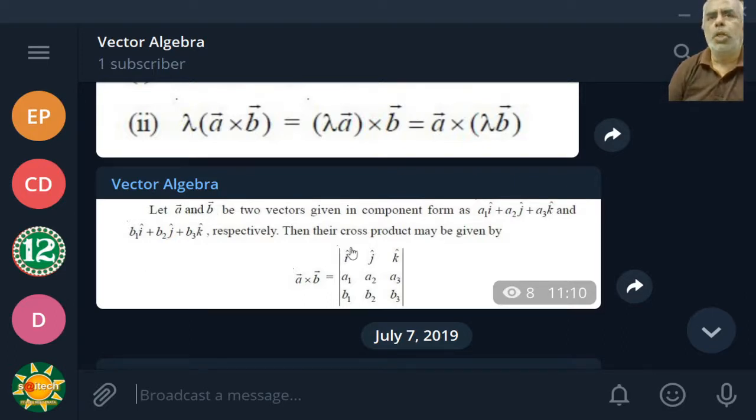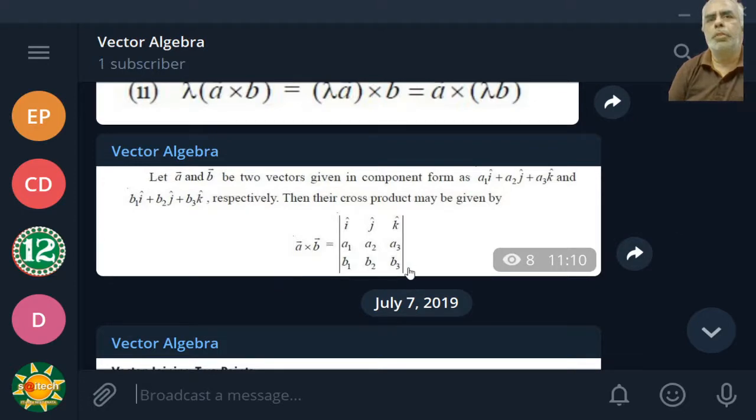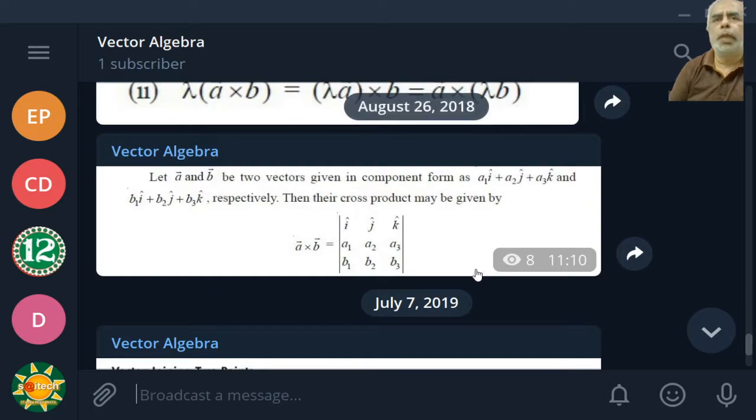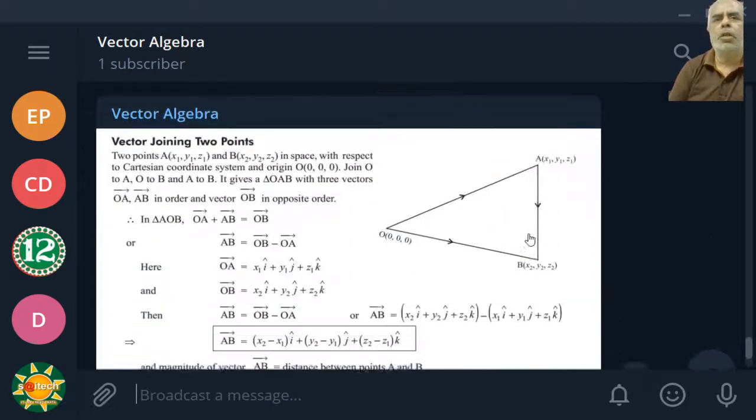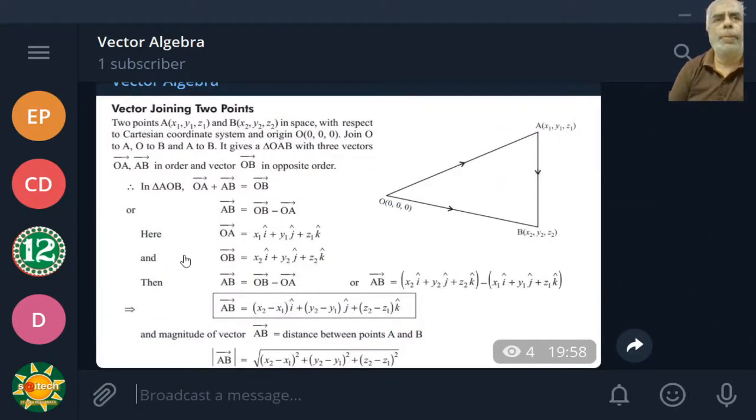So their cross product can be represented in this way. A cross B is equal to, you can put i, j, k in the first row, A1, A2, A3 in the second row, and B1, B2, B3 in the third row. By applying the determinant techniques, we can proceed with this.